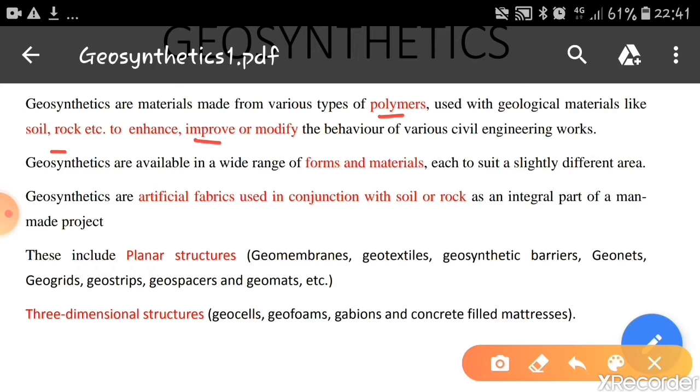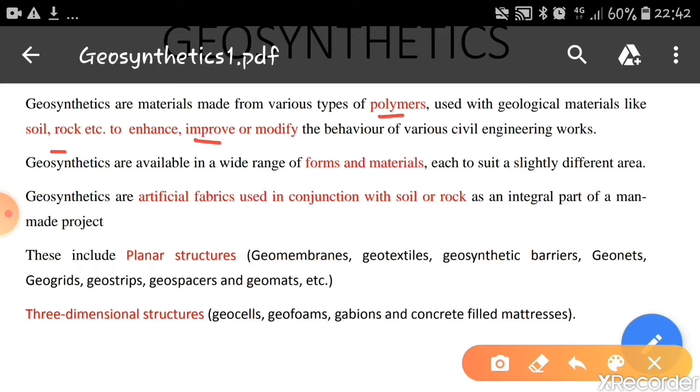So geosynthetics are nothing but artificial fabrics, or artificial materials made up of polymers, which are used in conjunction with soil so that we can improve the different properties of the soil. The properties are nothing but strength, compressibility, permeability, separation. So all these properties can be improved. That is called geosynthetics.